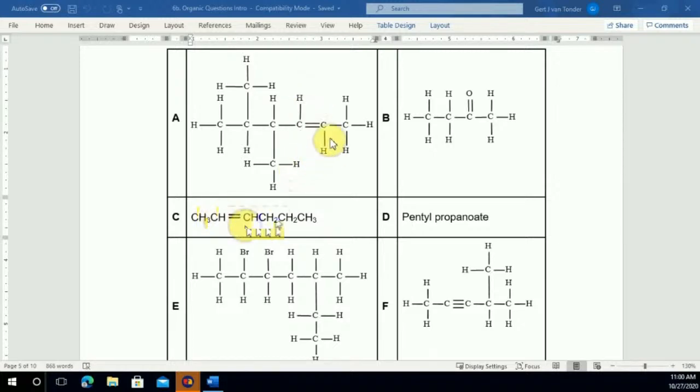Double bond, only one hydrogen on each carbon. And then of course the CH3 at the end. So that gives you CH3, CH, CH, CH2, CH2, CH3. There are 6 carbons, 1, 2, 3, 4, 5, 6, hex, and the double bond on the second carbon, hex-2-ene.